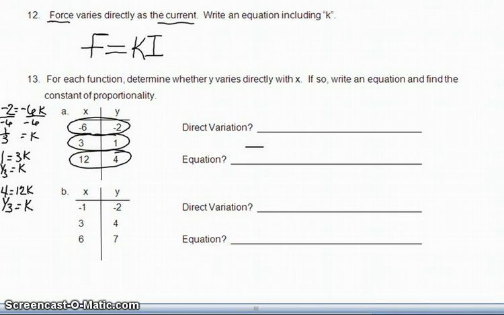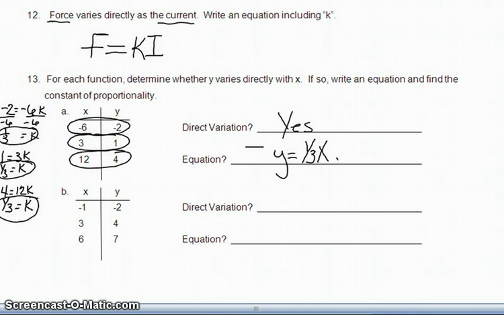So, since my constant is the same in all the given ordered pairs, is it a direct variation? Yes, it is. And my equation is going to be y equals k, which we determined to be 1/3, of x.